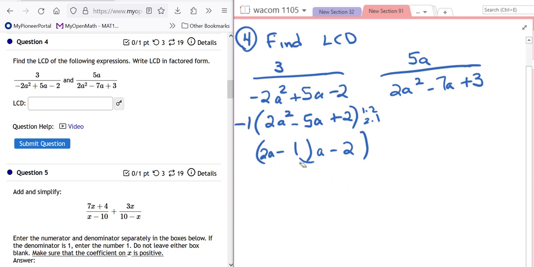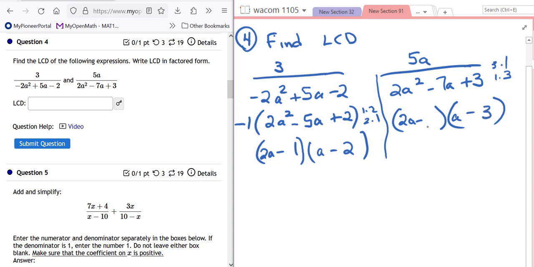So I'm just moving that. Right, and then I'm going to try this one. All right, so we're going to do a 2a and an a, like signs both minus, and 3 and 1 or 1 and 3. Those are your choices, and they're going to add to get a 7. I believe it's going to go this way. So there's a minus 6a on the outside, minus 1a. That gives minus 7a.